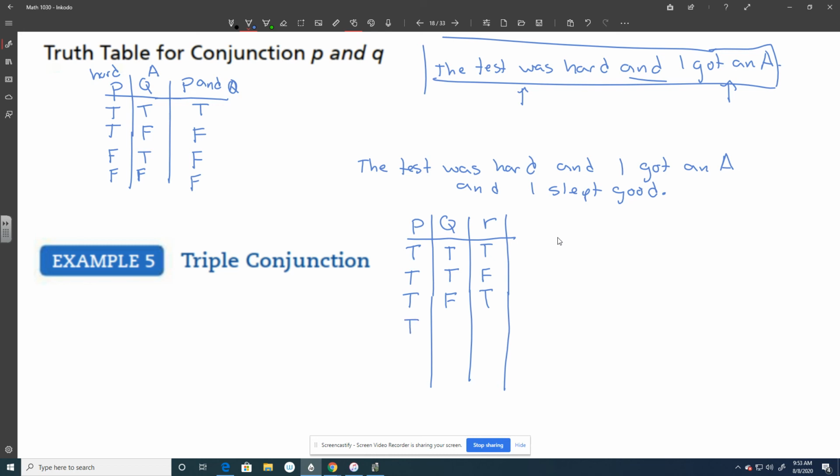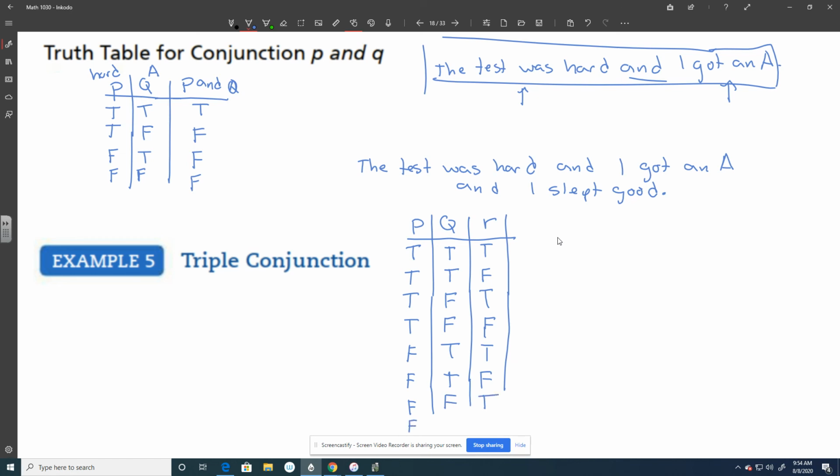Or the test could have been hard, I could have not got an A, and maybe I did not sleep good. So already we've got four different scenarios that could happen. This one could also be false. The test might have been easy. I got an A and I slept good. The test was easy. I got an A, but I did not sleep good. The test was easy. I did not get an A, but I slept good.